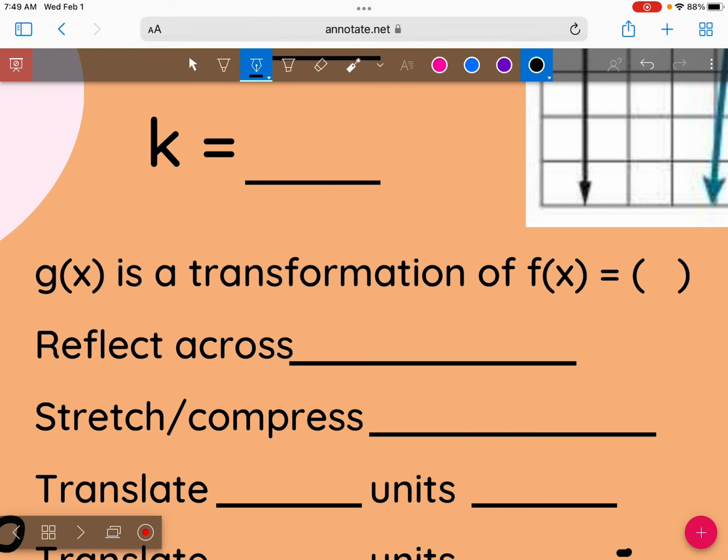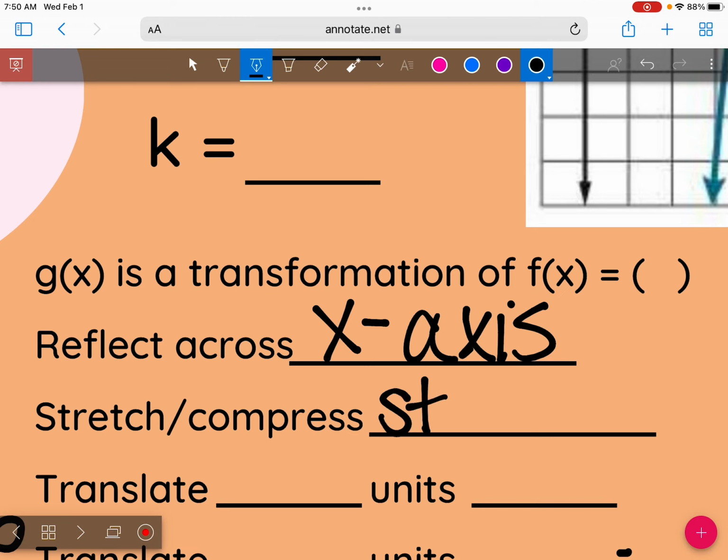What did we reflect across yesterday with A? When A was negative, we reflect across x, yes, the x-axis. Do we stretch or compress? Stretch, yes. 2 is greater than 1, so we stretch.